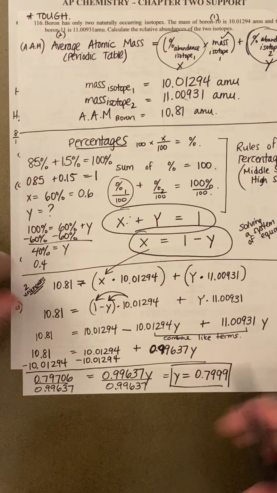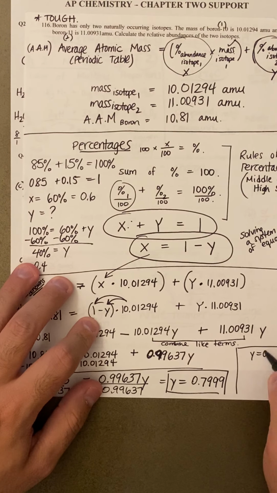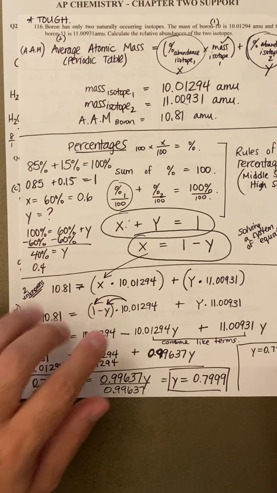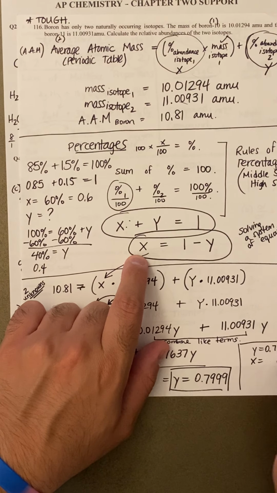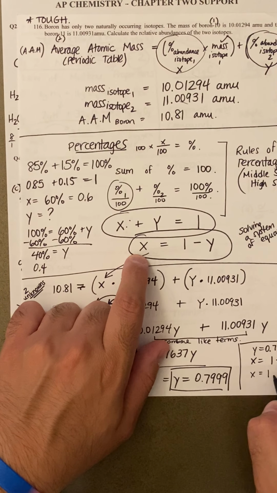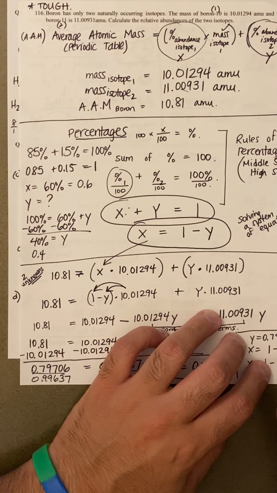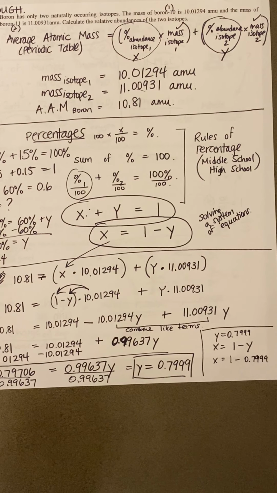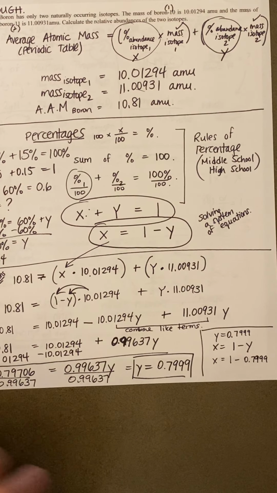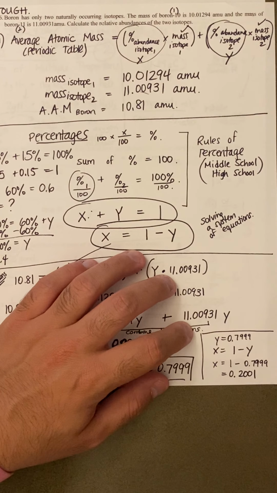Okay? Now, not quite done. A lot of work here. I know that y is equal to 0.7999. If I want to solve for x, x is equal to 1 minus y. X is equal to 1 minus 0.7999. Oops, that's off camera. If I do this, I get 0.2001.